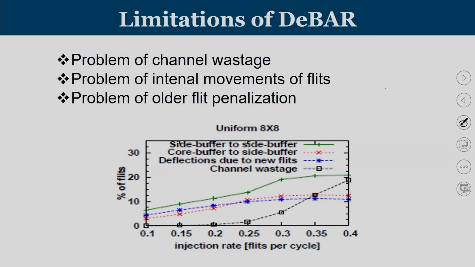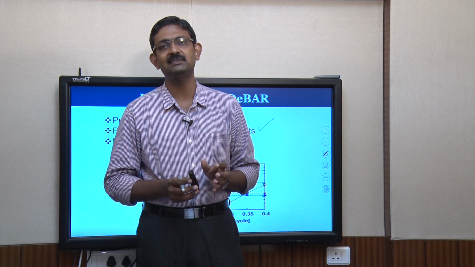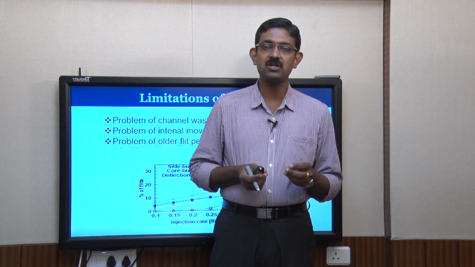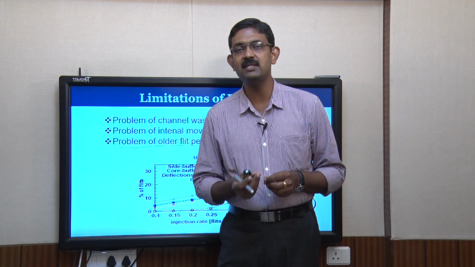So, if you look at the problem of channel wastage and the problem of internal movement of flits, there is one more problem that is called older flit penalization. In D-bar, the priority mechanism used was oldest-like hops to destination. So, when you have a really old flit that is not even nearer to the destination, those flits may lose out in arbitration to a newly generated flit.